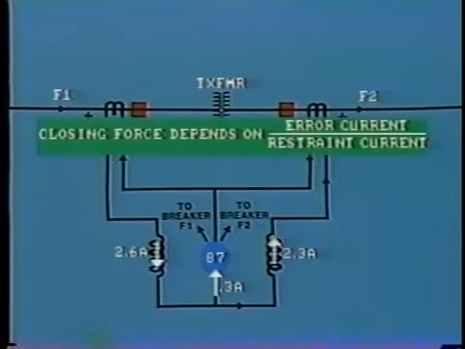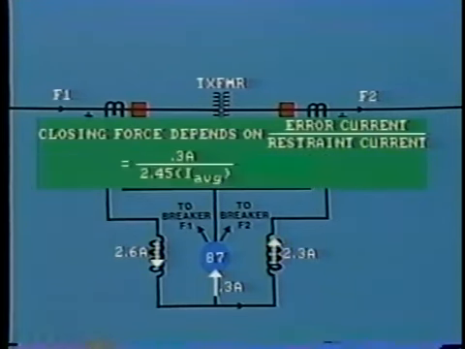The actual closing force on the tripping contacts depends upon the ratio of the error current to the restraint current. In our example, that is 0.3 amps error current divided by 2.45 amps, the average secondary current, equals 12.2%.